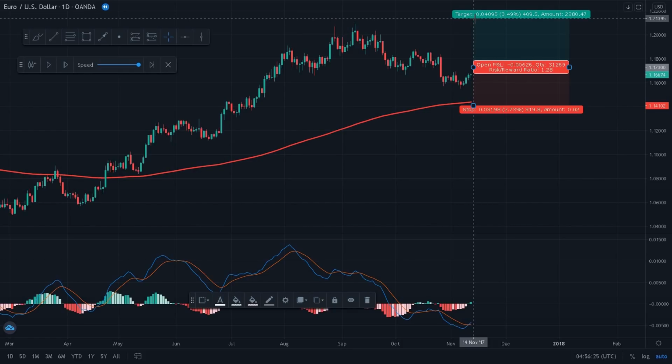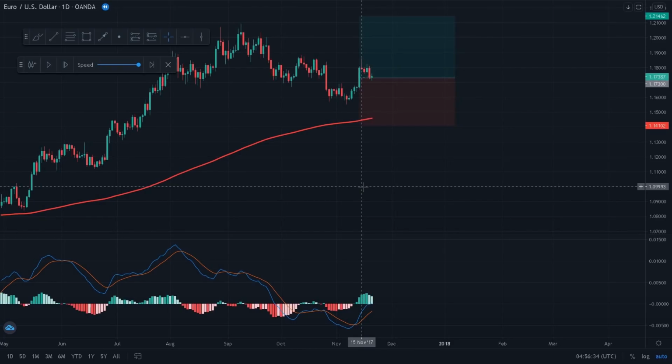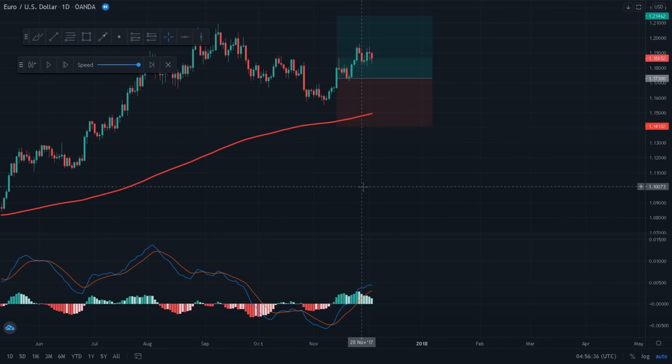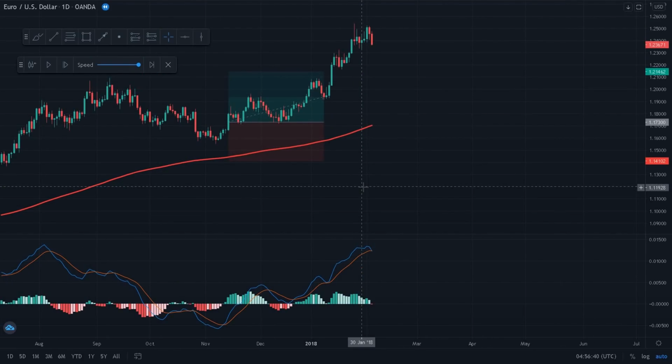Alright, we will opt for a 1.3 risk to reward ratio. Let's see what happens next. That's a winning trade.